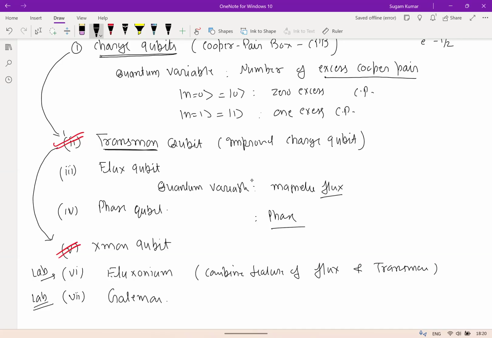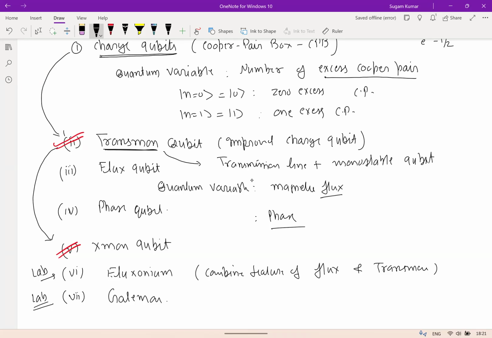When I say transmons, as you can see, these names came from the active components which have been used to form the qubits. When I discuss the transmon, you will see that in the transmons we are using the transmission line plus qubits, or we can call it the monostable qubit.